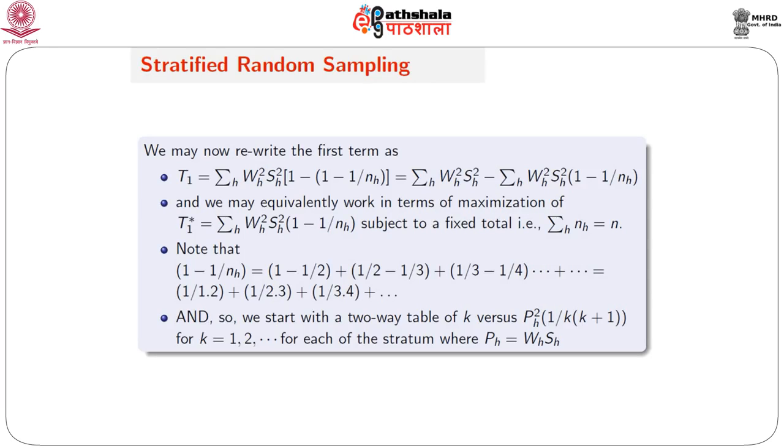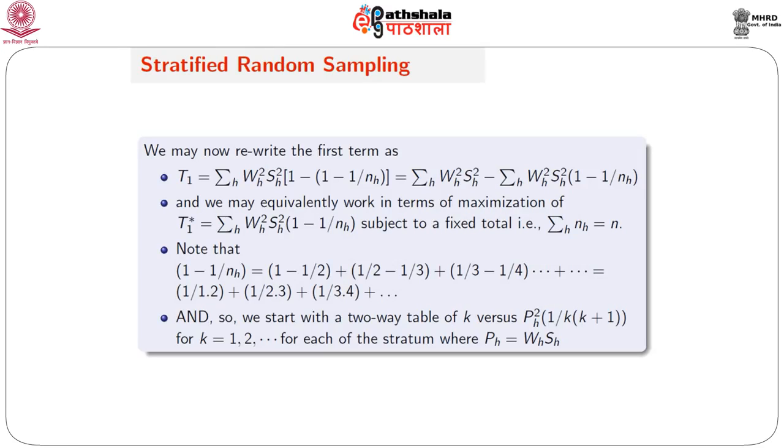And this is how the thinking process goes, that 1 minus 1 over NH you can write as 1 minus 1 half, plus 1 half minus 1 third, plus 1 third minus 1 fourth, and so on. And that simplifies to 1 over 1 into 2, plus 1 over 2 into 3, plus 1 over 3 into 4, and so on.